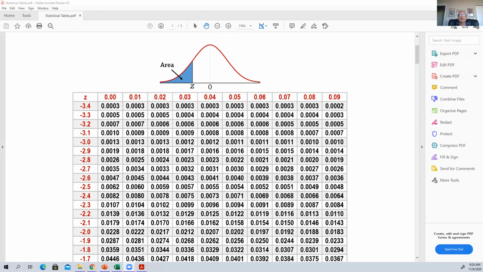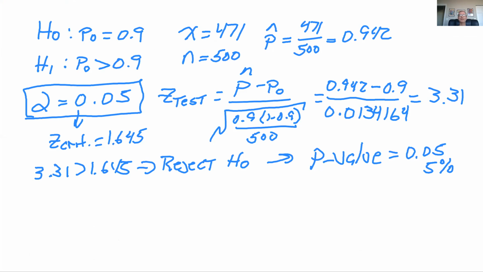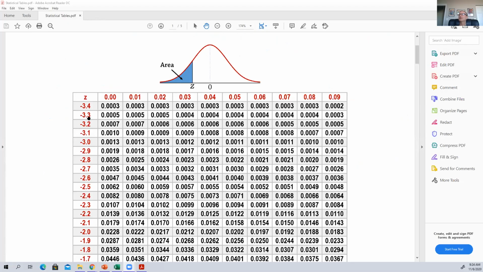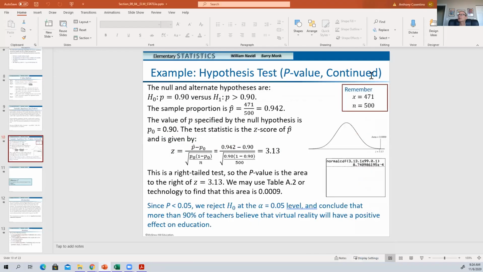And so what was that again? Of course, my memory is bad. Let me look again. 3.31. I'm glad I looked. I was going to do 1.3. So 3.31 in this calculation is 3.3. And then the 1 value here would be 0.0005. And so if you wanted to do the p-score, whoops, timeout, rewind.